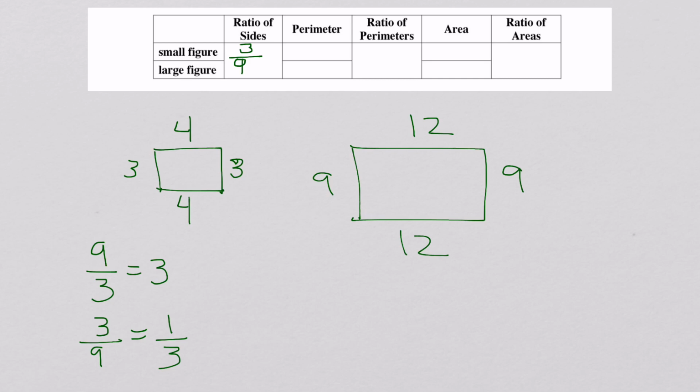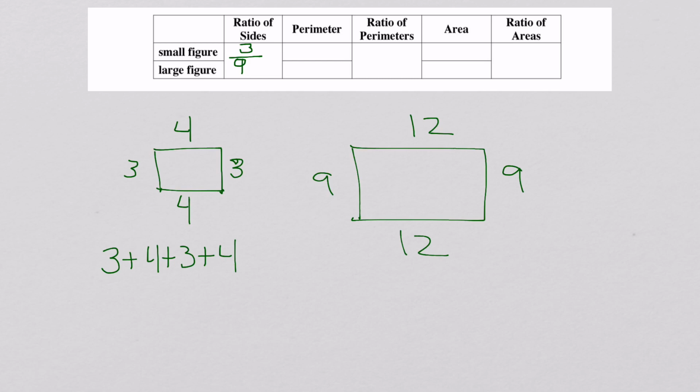So if we add all the sides of the small figure, 3 plus 4 plus 3 plus 4, which gives us 8 plus 6, which gives us 14. So we have 14 as our perimeter.